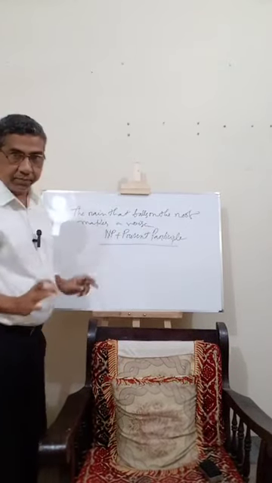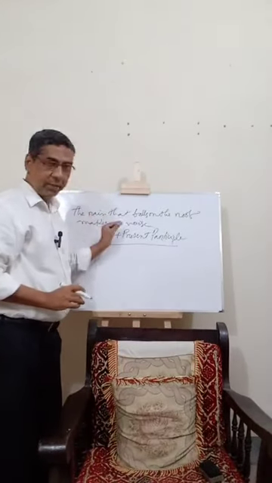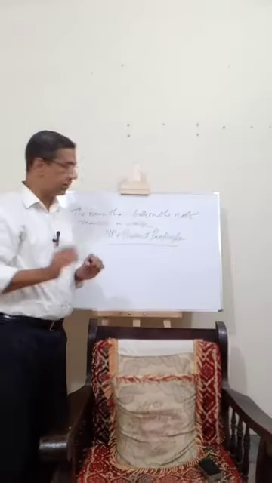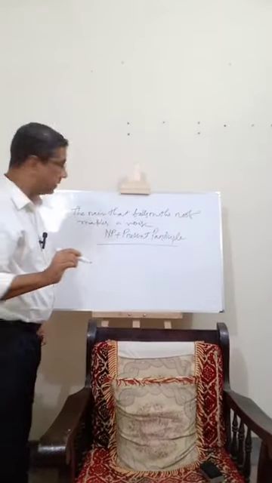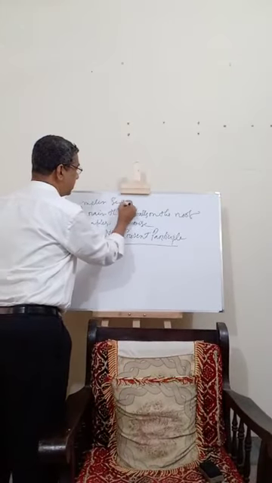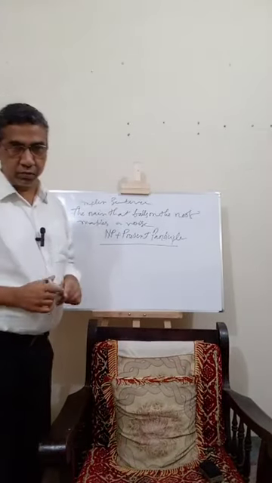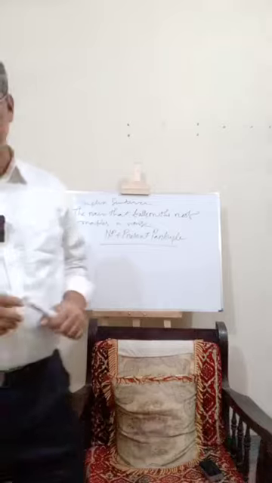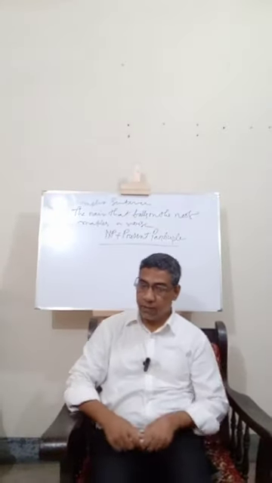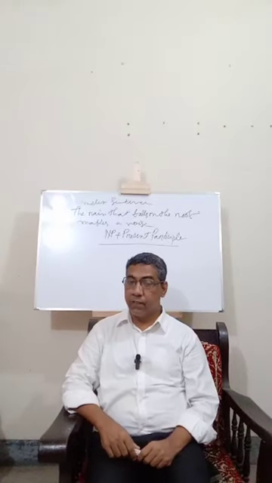You understand the sentence? The rain that falls on the roof makes a noise. This is a complex sentence. And this complex sentence we have made by using a relative clause.